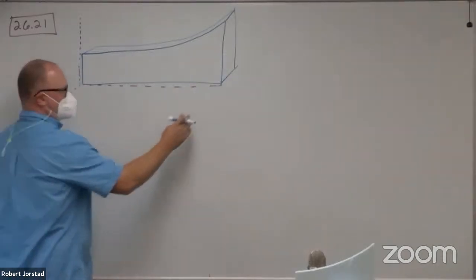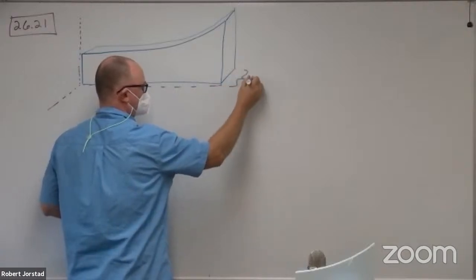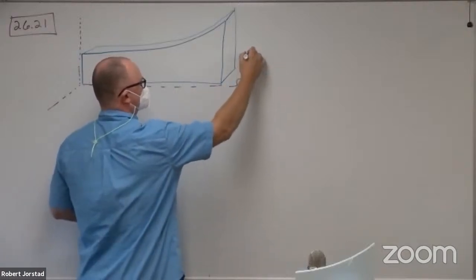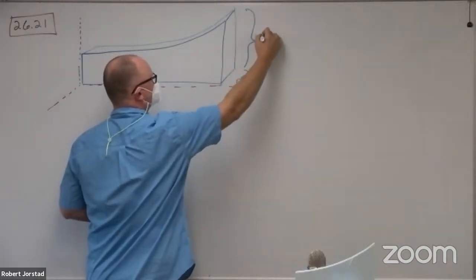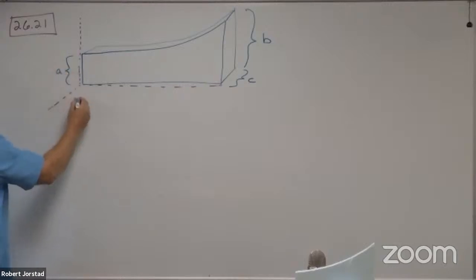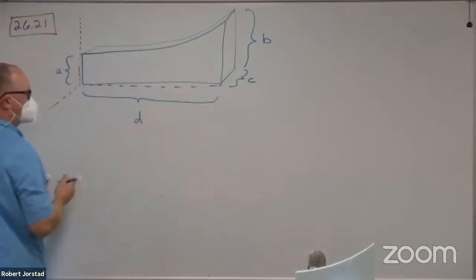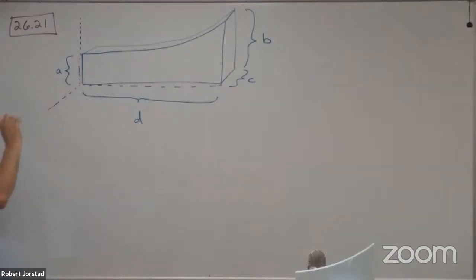And we're told that that dimension is once again C. We're told that this dimension is once again B and A and D. We're going from the left face to the right face, agreed?